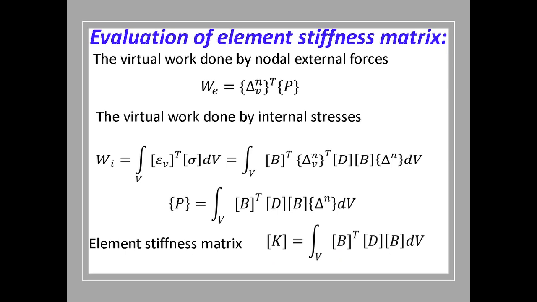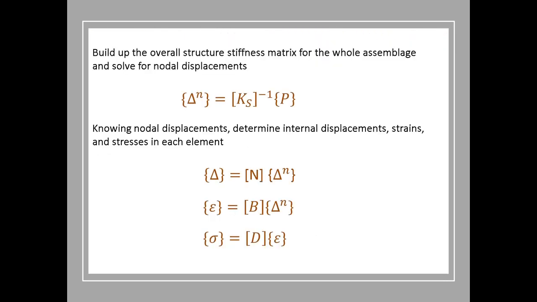And the integration is over the continuum. Knowing the element stiffness matrix, the next step is to build up the overall structure stiffness matrix for the whole assemblage K sub S, and solve for the nodal displacements. Once the nodal displacements are obtained, displacements, strains and stresses can be calculated inside the element as explained earlier.